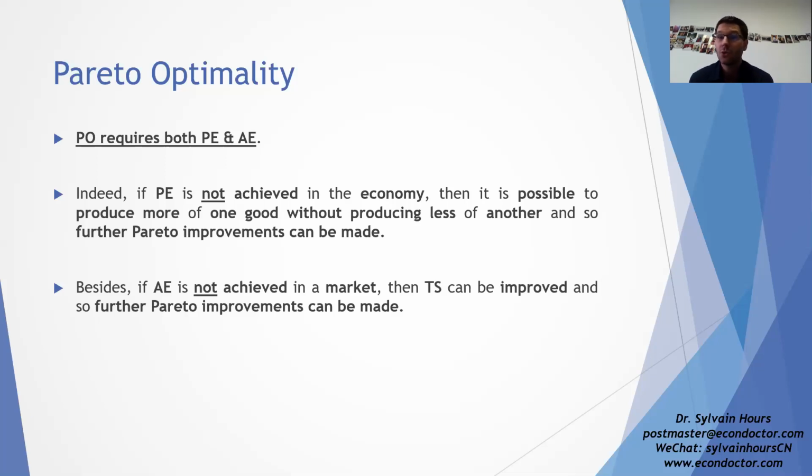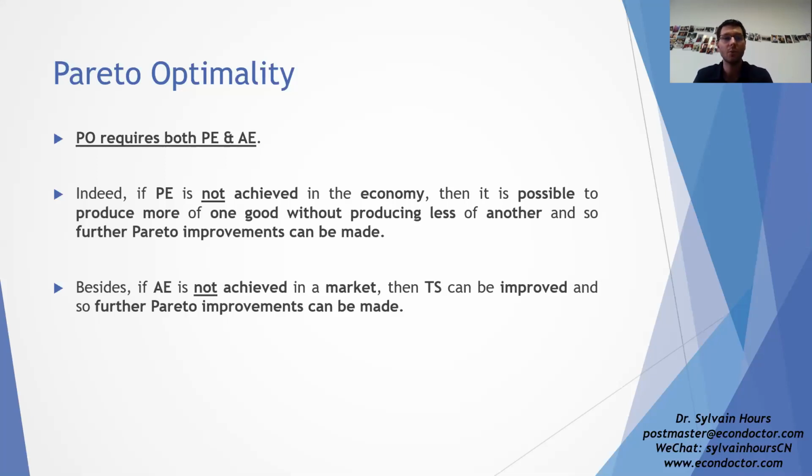If you increase total surplus, you increase the size of the cake. And then for a given number of economic agents, you can improve the satisfaction of everyone else without damaging anyone. Okay? If you have one extra slice of the cake, you can share this extra slice with everyone. Nobody is going to be made worse off by that situation. So that's why Pareto optimality requires both productive and allocative efficiency.